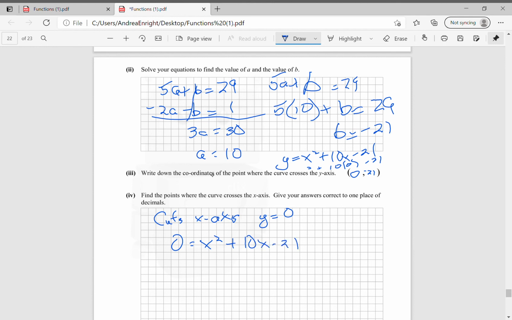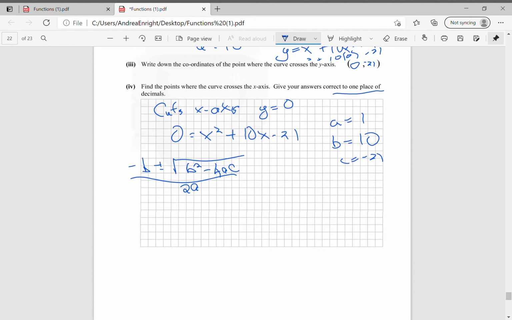Now, correct to one decimal place means you're using the minus b formula. So it's minus b plus or minus the square root of b squared minus 4ac, all over 2 times a. So remember, a is the number in front of x squared, which is 1. b is the number in front of x, which is 10. And c is the number by itself, which is minus 21. So then you fill in.